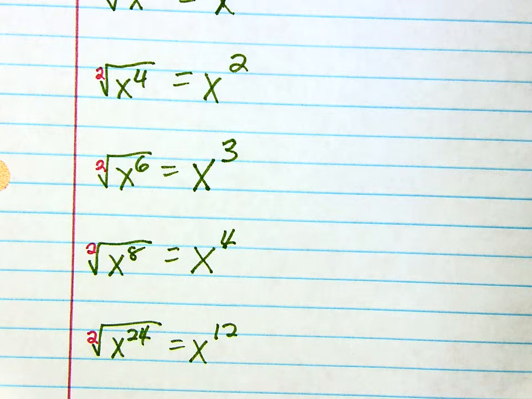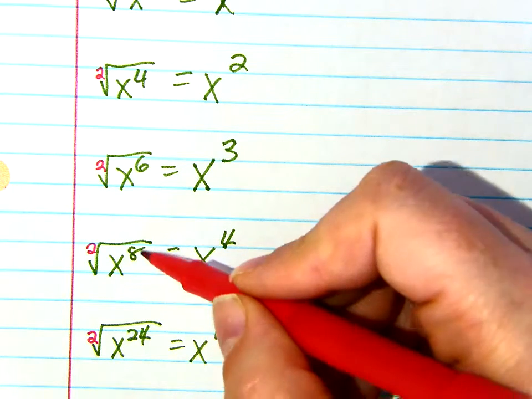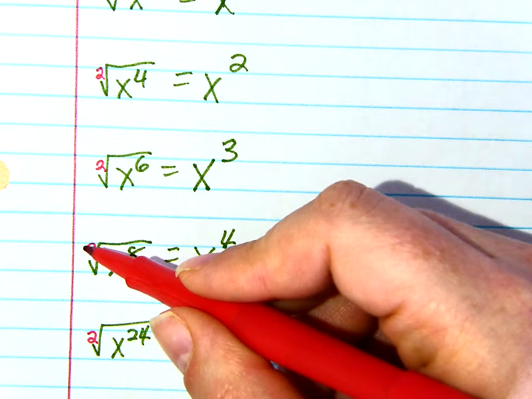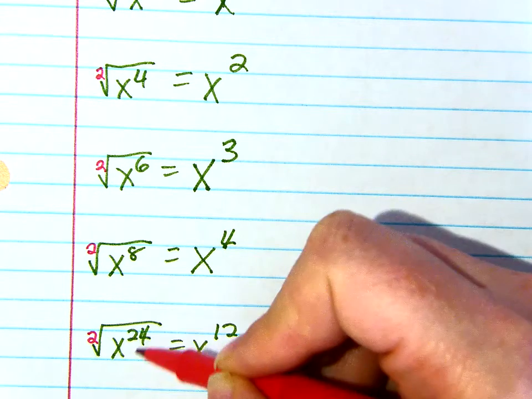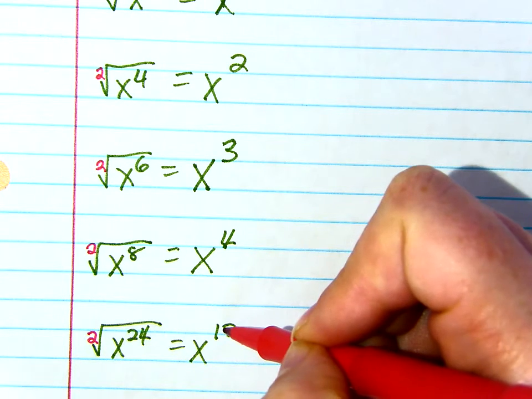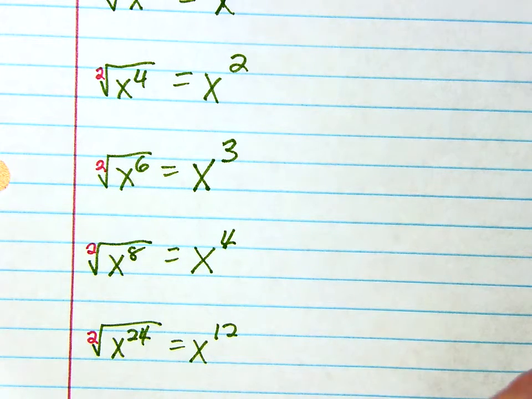Do you see something else going on? Yes, if you take your internal exponent and divide it by the index, you always get the answer that's back out here. Always. 24 divided by 2 gets me 12. You're going to want to keep that in mind when we go to the cube roots and the fourth roots.